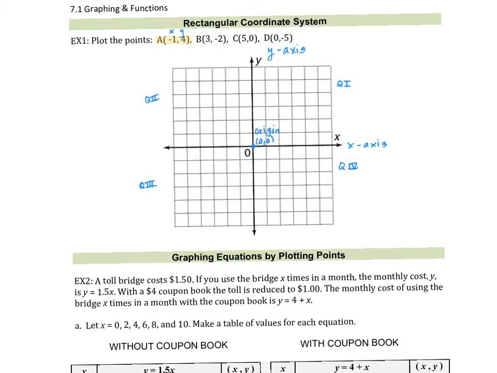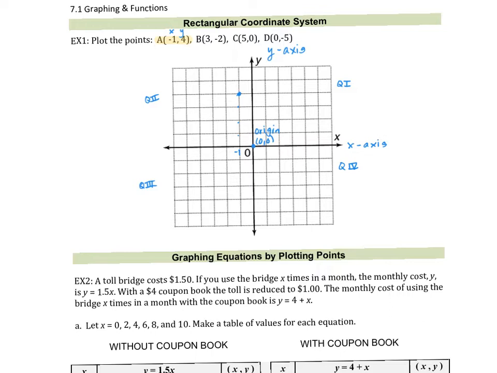So positive would be to the right, negative would be to the left. So we go to a -1 on the x-axis, and then a +4 for the y means we're going to go up 4. So positive y is up, negative y is down. So from the -1 to the x, I'm going to go 1, 2, 3, +4 in the y direction. And that would be my point.